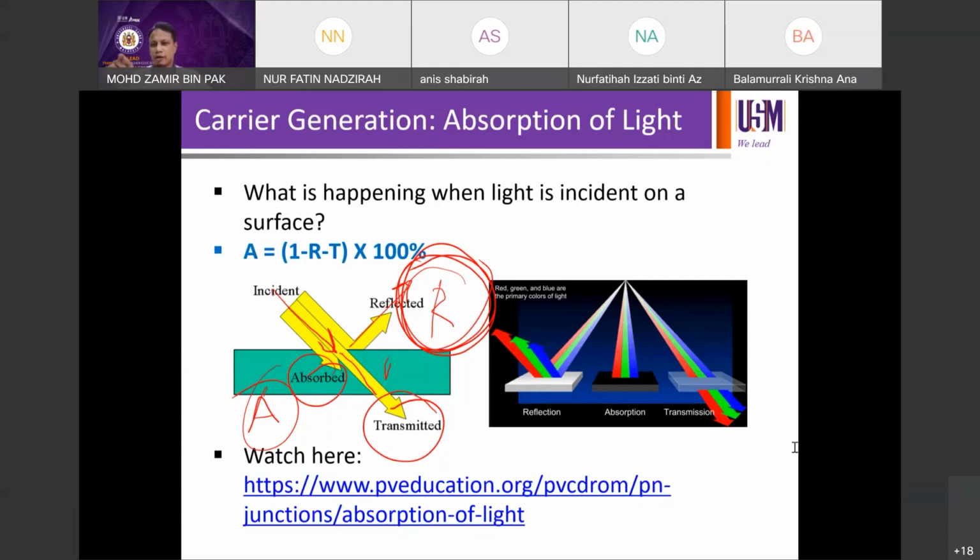Let me just narrow down the answer from Zul. Travel through different material, correct? But what is the parameter of the materials that, if they travel through different material, you're going to have reflection? Critical angle, close, one of the parameters that we need to know in order to talk about reflection.